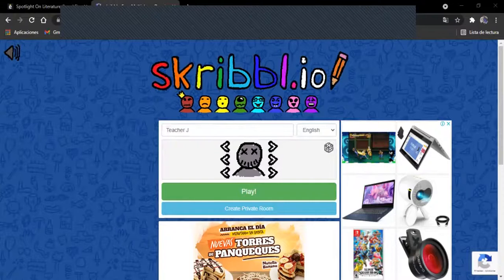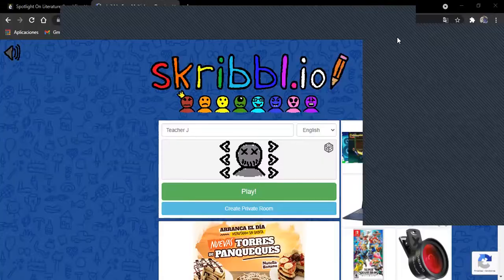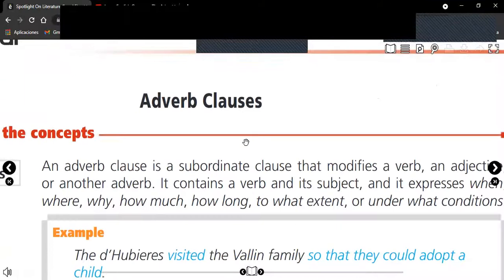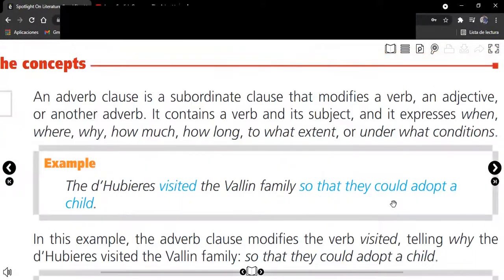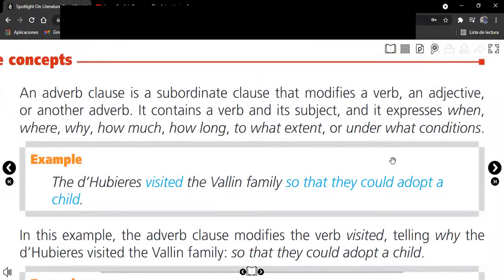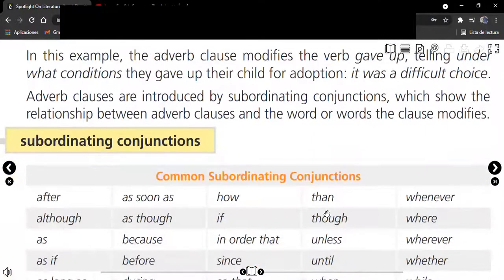Okay, now I want to try this game with you. Like I said, in contrast to adjective clauses, which modify or give more information about a subject, an adverb clause is a sentence that functions as an adverb for another word and answers questions like where, why, how much, how long, like in the examples that we read.